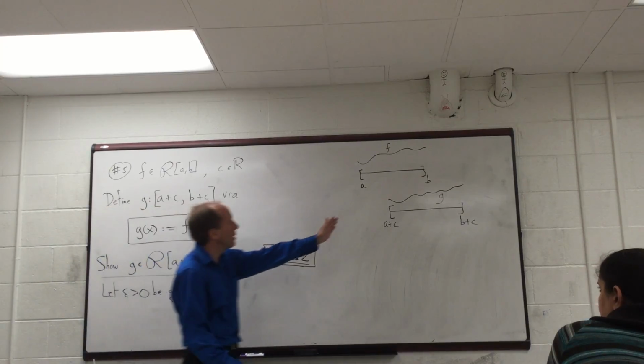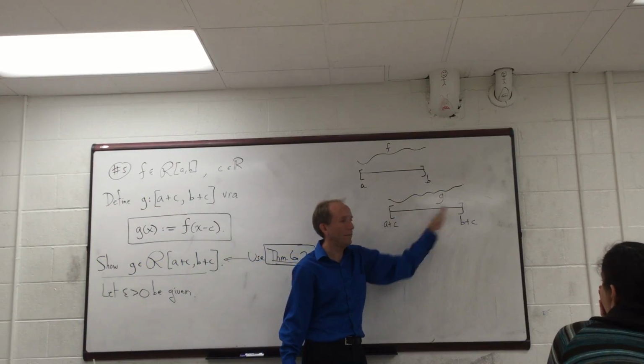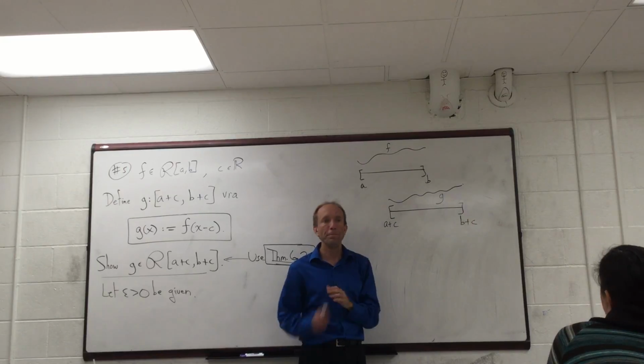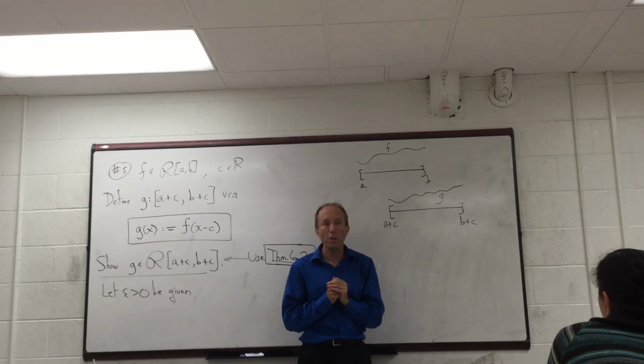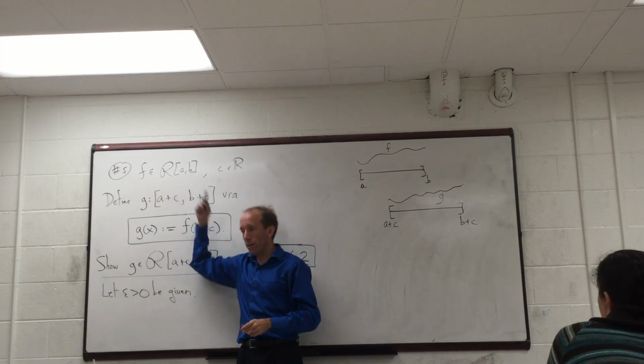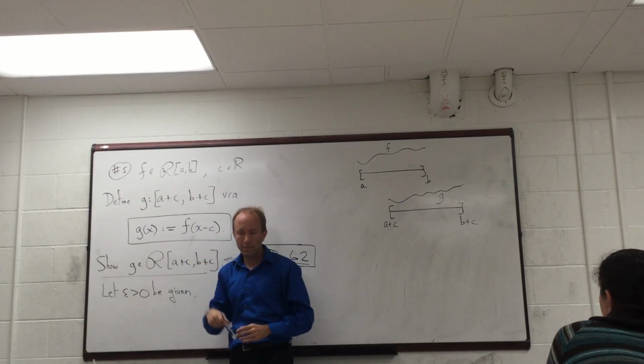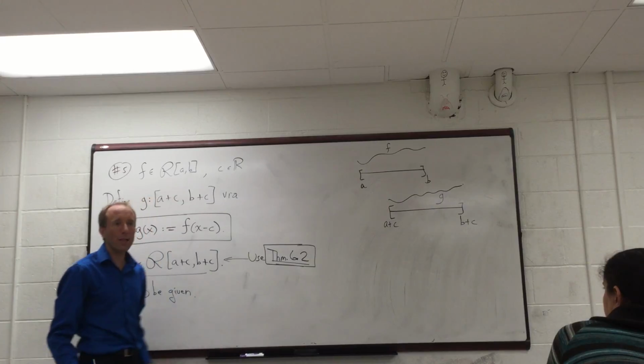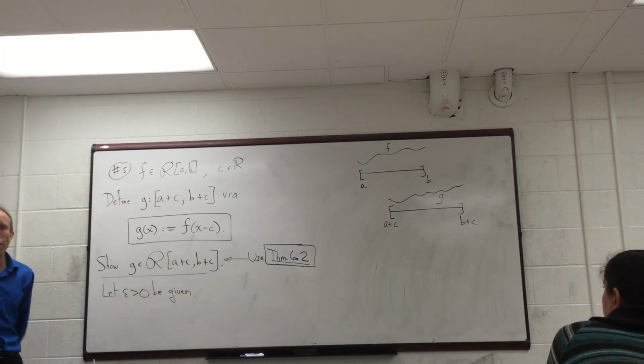We need to find a way to partition this interval right here, using the fact that f is already Riemann integrable. Anybody have a suggestion how to get this thing off the ground?